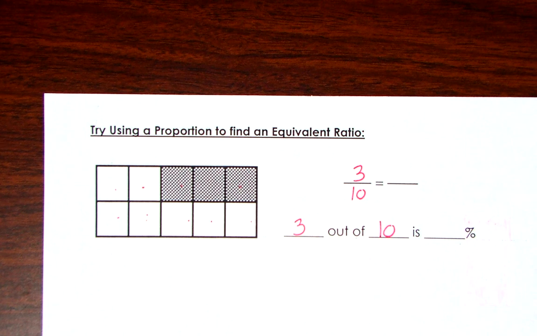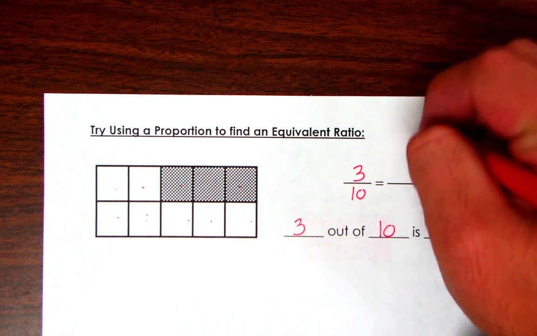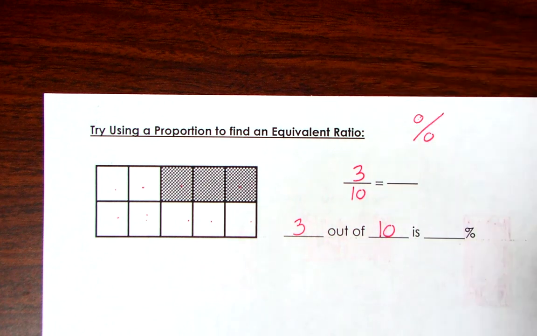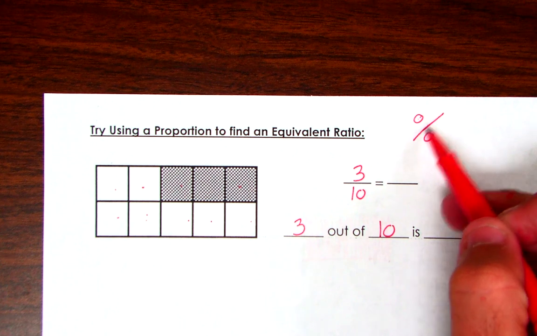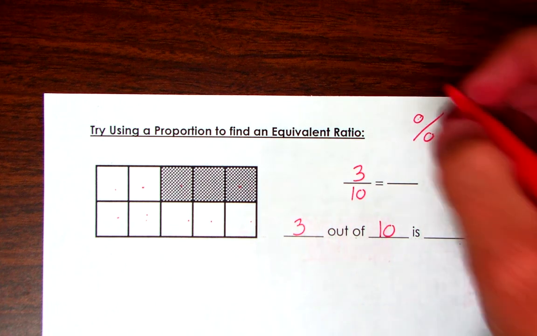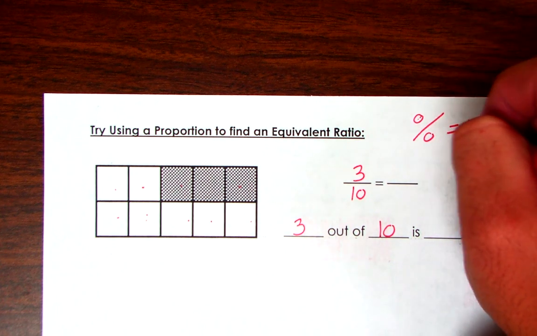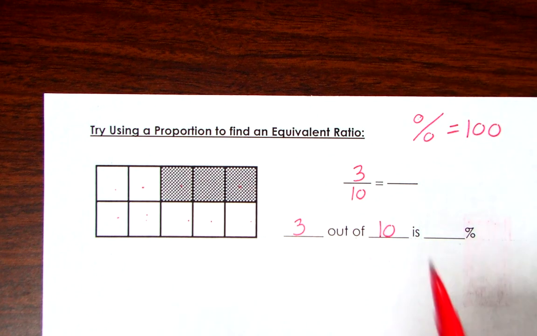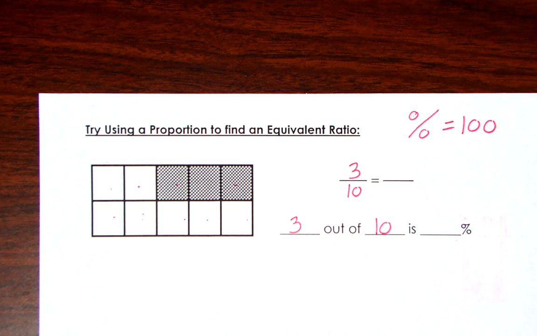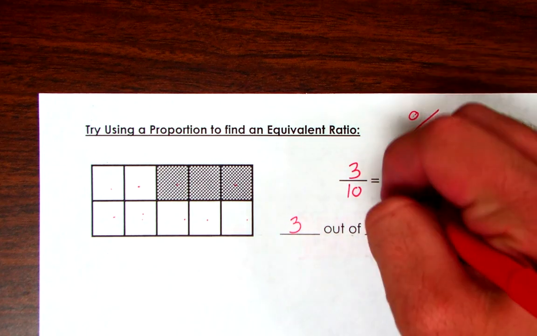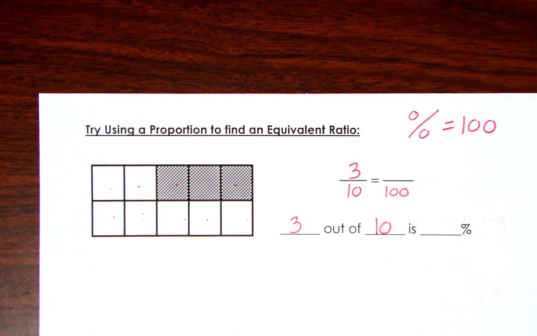So, percents, we haven't talked about this yet, but if you ever look at the percent sign, I got a 1 and I got 2 zeros. So the percent sign is always out of 100. Look, there's my 1 and there's my 2 zeros. So percentages are always out of 100. Now let's see if I can find a nice scale factor.